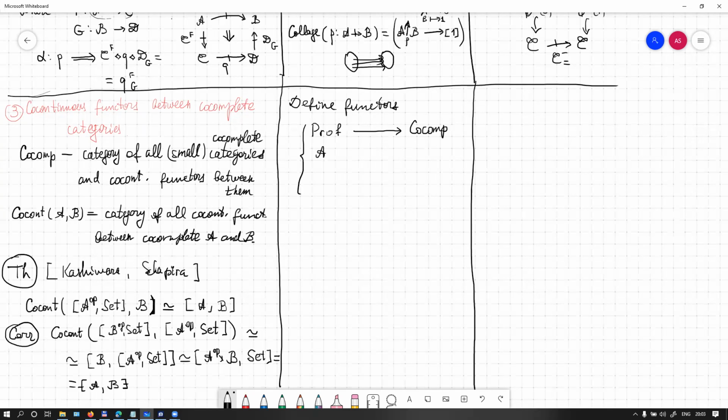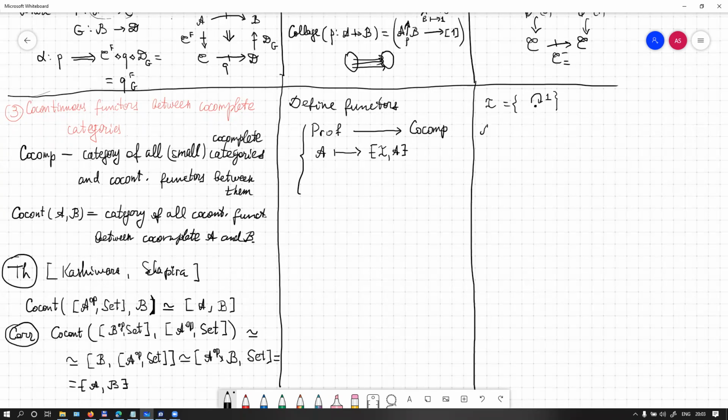I'm taking category A. It's an object of the category of profunctors, and it goes to the following profunctor category: the category of profunctors from a trivial category to category A. I want to remind you that the trivial category has one object and one arrow on it. So it's the smallest category, besides the empty one.